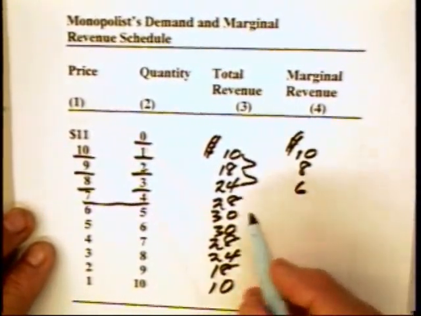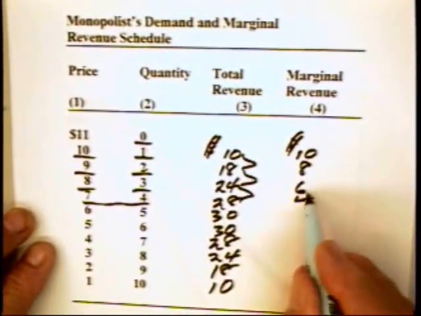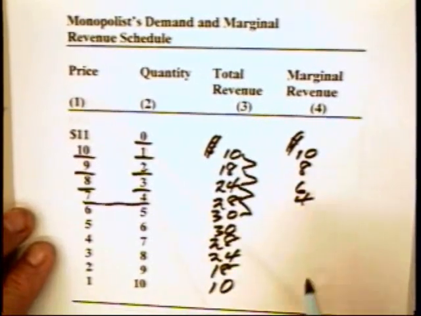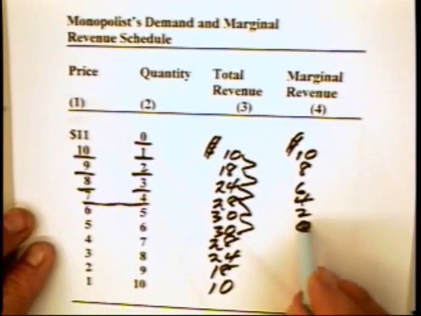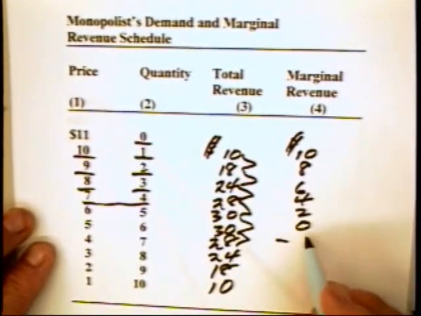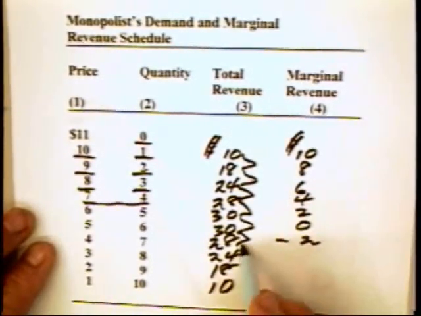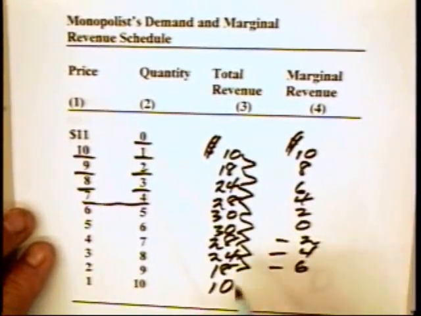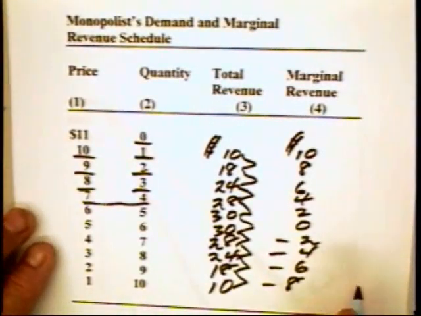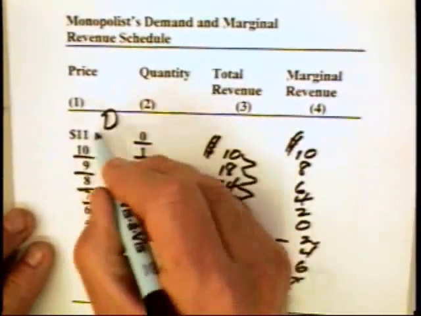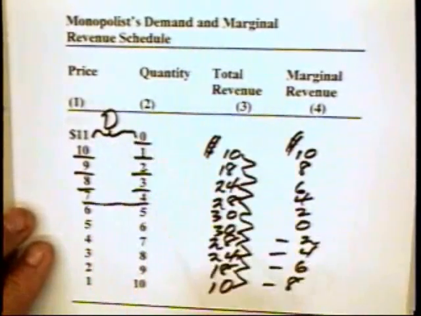In which case, the marginal revenue goes from 6 to 4 to 2 to 0 to -2, and then to -4, -6, and -8.